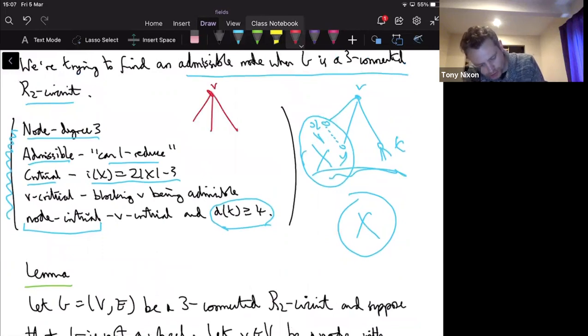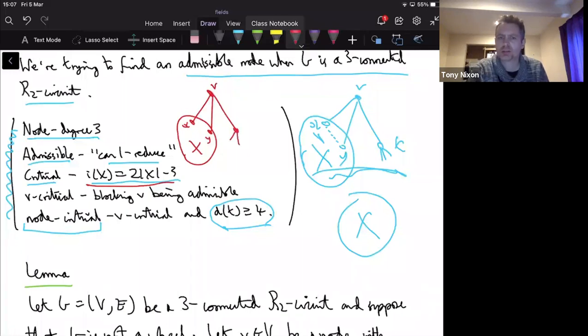We take a V critical set. So that means that it's a critical set for some pair of neighbors X and Y of V. And so it's a critical set with this condition. But if this vertex here had degree 3, then that's a particular special case that we say is a trivial case.